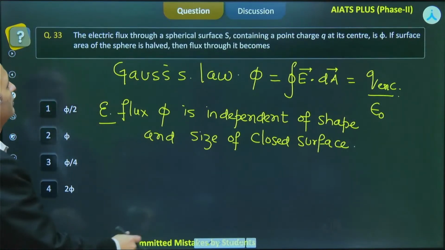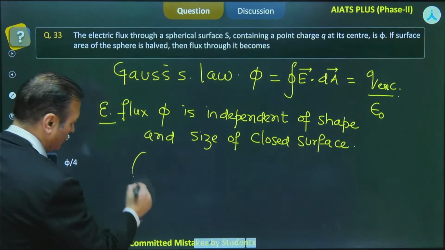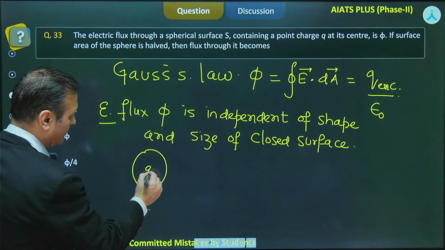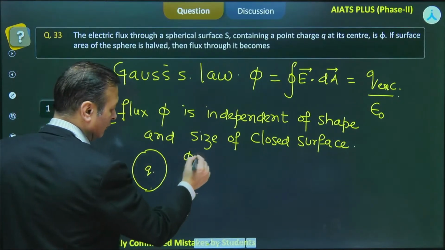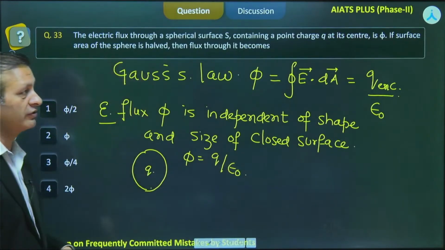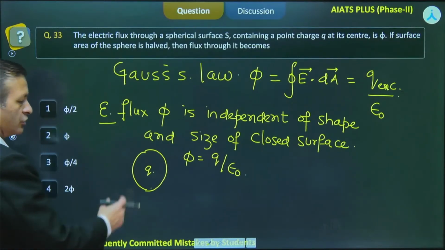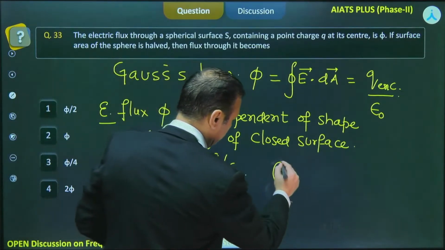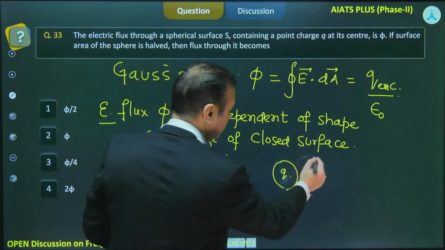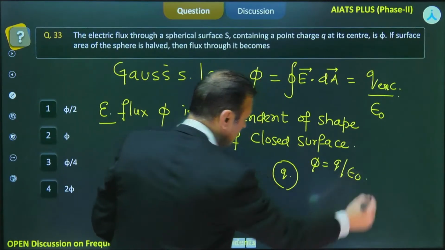And let's suppose the electric flux through a spherical surface S. So this is the spherical surface. It encloses the charge at its center. So what is the flux through the surface? Q by epsilon naught as per your Gauss's law. If the surface area of the sphere is halved, so if I reduce this surface area to half, enclosing the same charge, as per this statement, the flux through this surface would still be what?